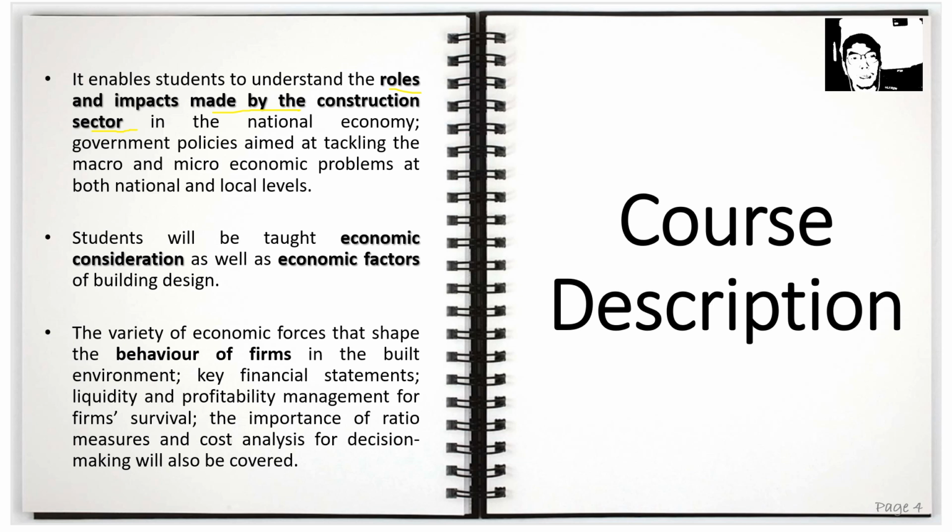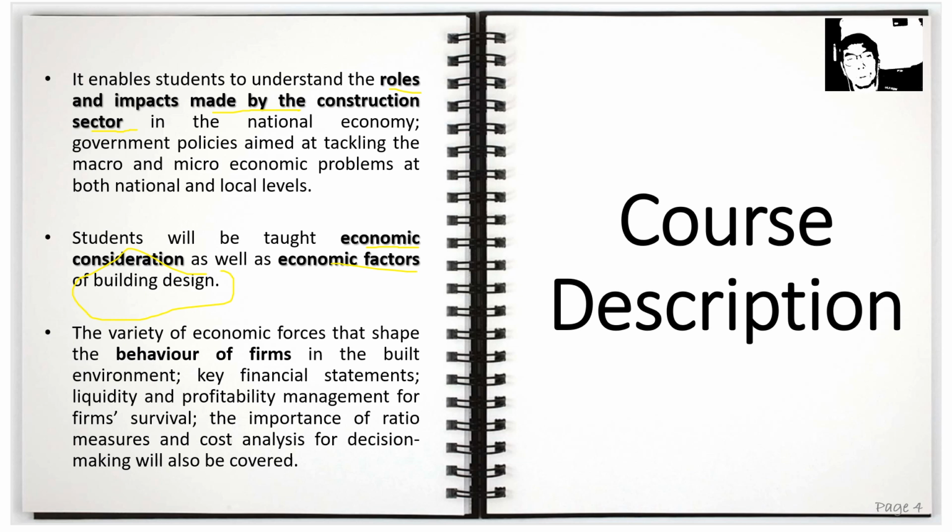We are going to learn also about the economic considerations and economic factors of building design. When we talk about designing a building, what are the factors we need to consider, such as shape and size? All these factors influence the cost of the building design.